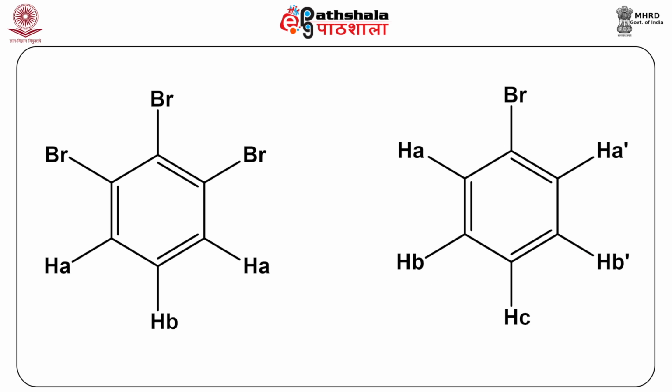The HA proton has a J3 coupling constant to the HB proton, whereas it has a J5 coupling to the HB' proton. Thus, the proton HA has different coupling constants to the two chemically equivalent protons, that is HB and HB'.